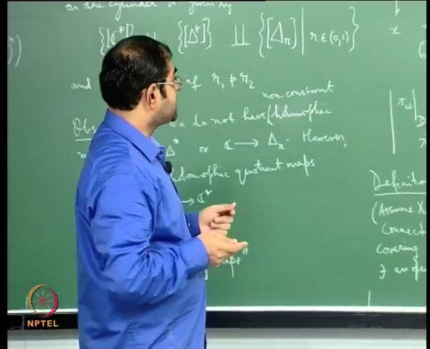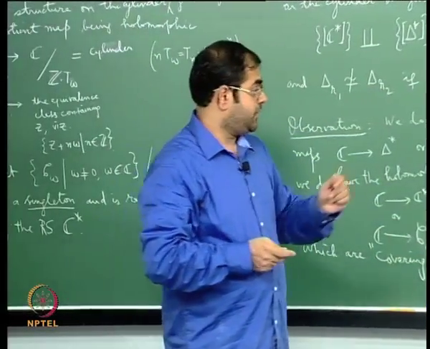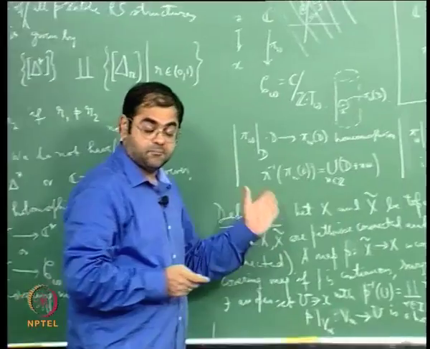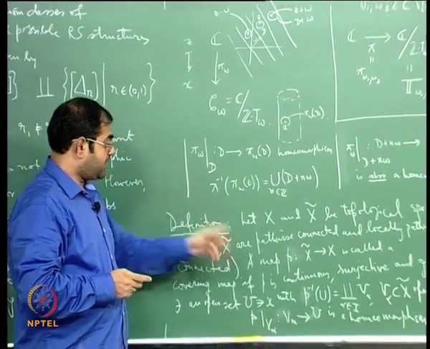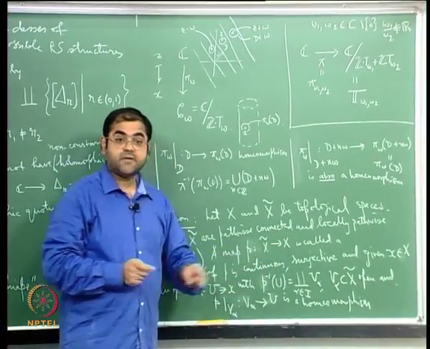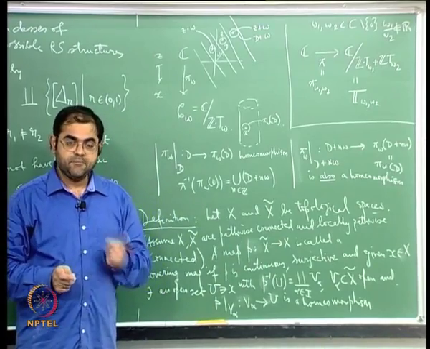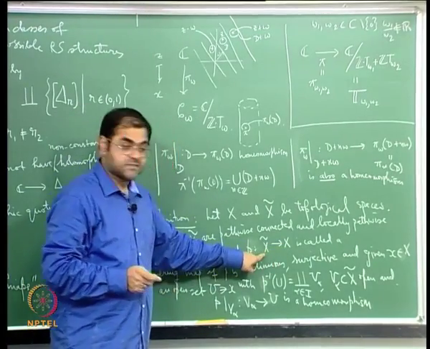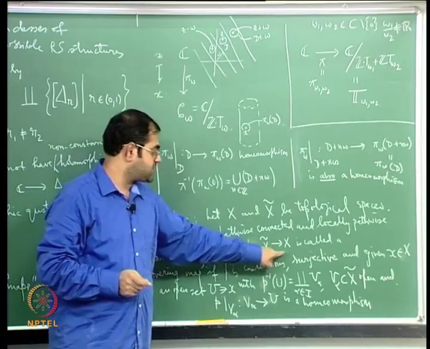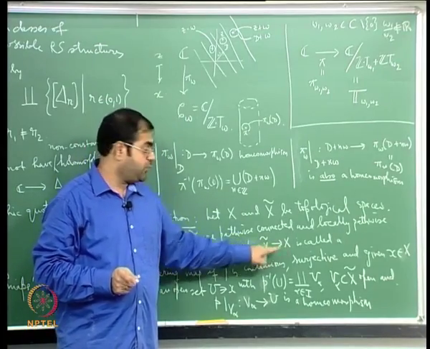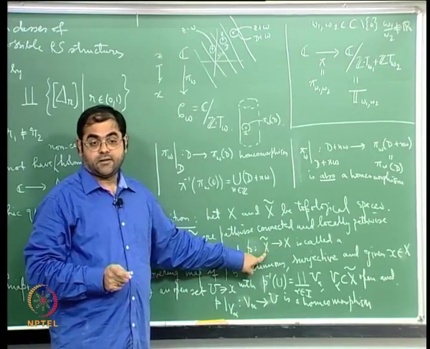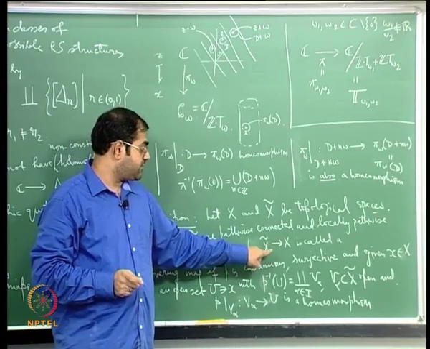And this fundamental group shows up when this covering is a universal covering, namely the fibers of this map, when x tilde is a universal covering of x. Mind you, I told you that x tilde is called a universal covering if it is simply connected.